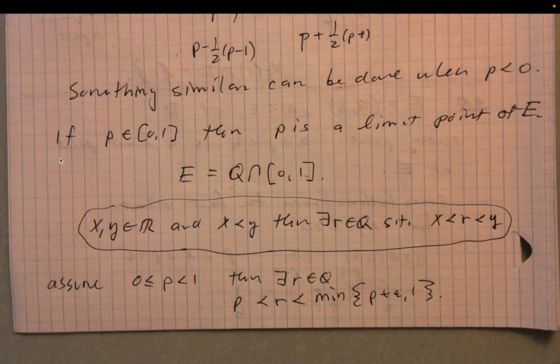So we can always find a rational number that is less than p plus epsilon and greater than p. So there's always going to be a rational number that can be found. And I'll leave it to you to see how to think about when p is equal to 1. It's a similar idea.